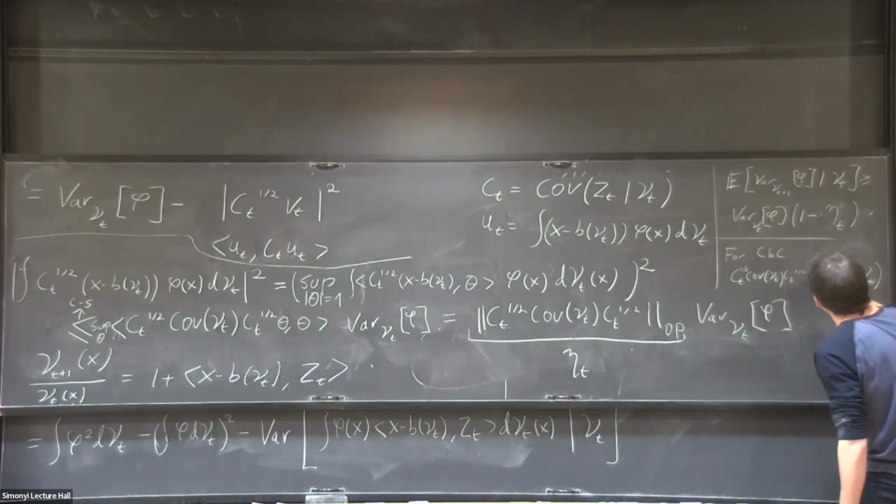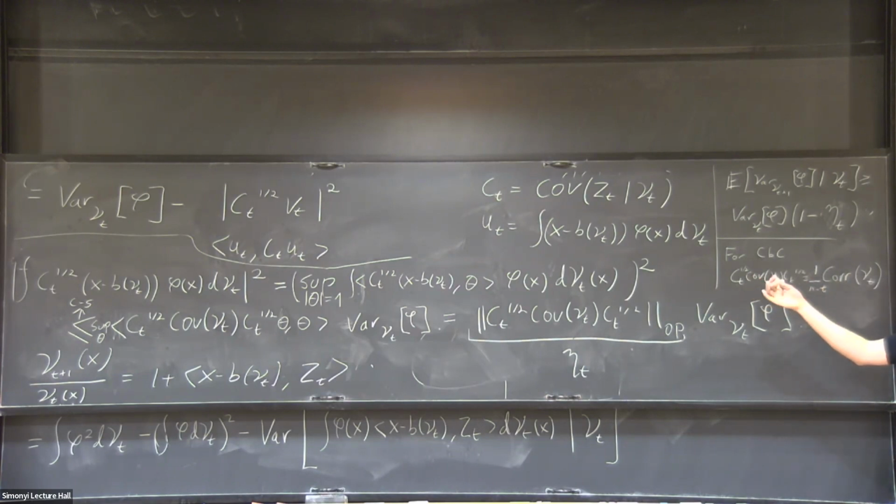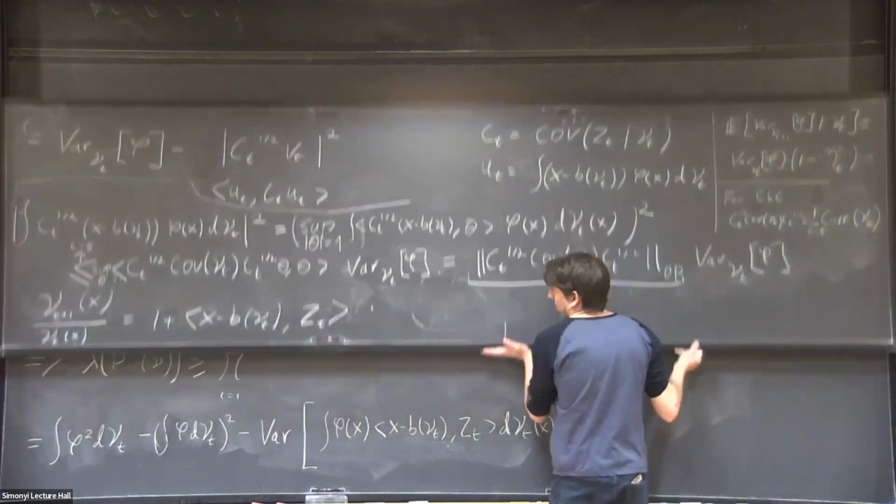This is not equal to the correlation. I gain a factor of 1 over n minus t here. So this would be the correlation if I localized over all coordinates, but I only choose one of the coordinates. I didn't show you this calculation, but this is what comes up.